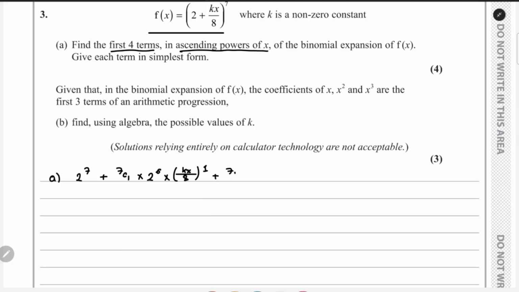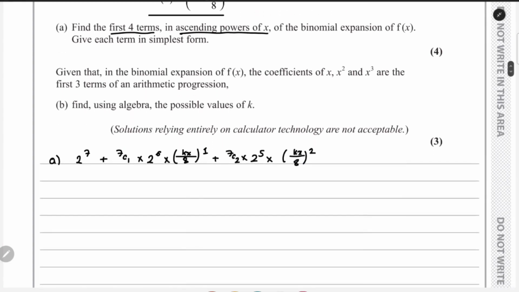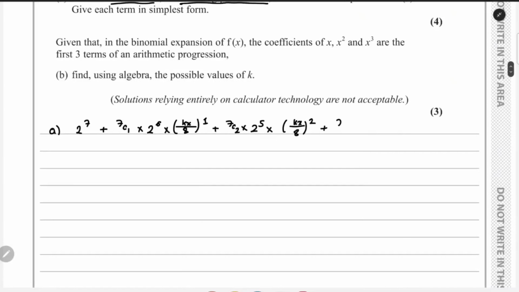The third term will be 7c2 into 2 to the power 5 into kx by 8 whole square. And the fourth term, the last we need to find, would be 7c3 times 2 to the power 4 times kx by 8 to the power 3.